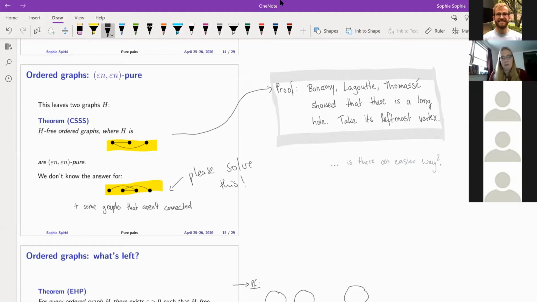But there are some simple cases, the triangle and this 3-edged path in ordered graphs, that we still can't do. So this isn't all that old yet as a research area, and we still have some fun, interesting questions. Also, please solve them.